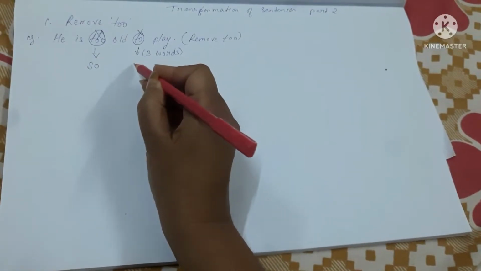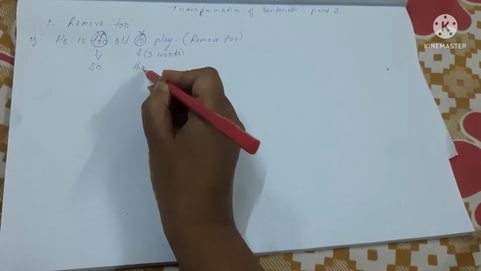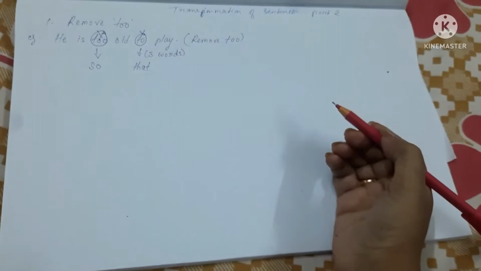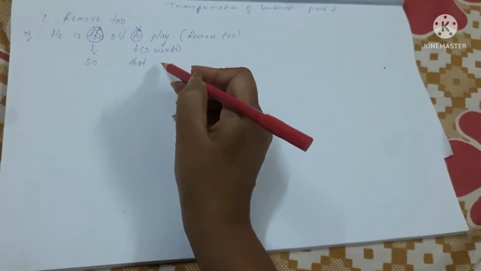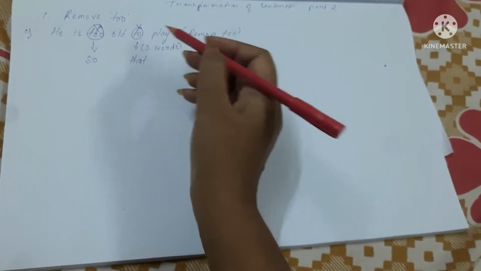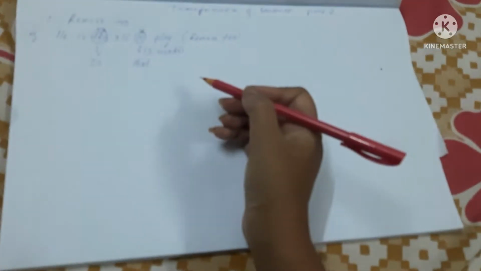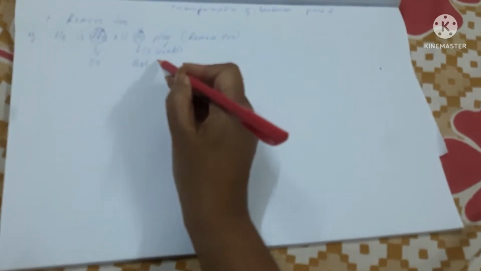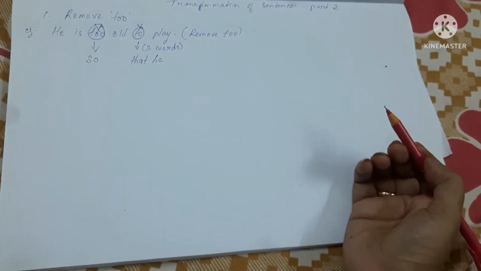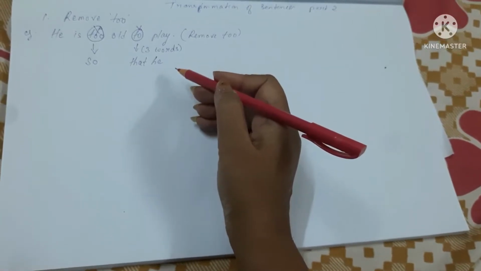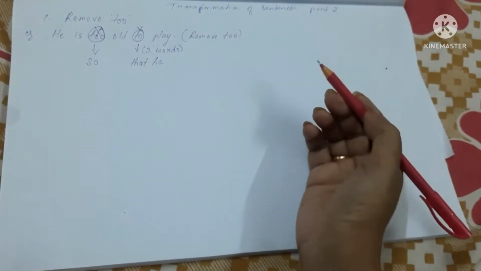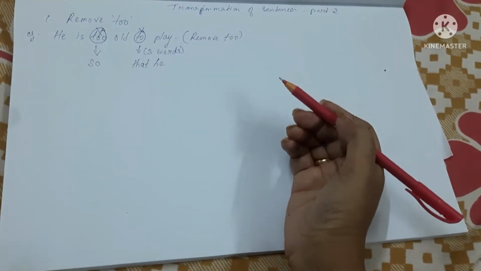The first word would be that. The second word would be the pronoun used according to the subject. So here it's the pronoun he. And the third word would be cannot, could not, or would not according to the tense.